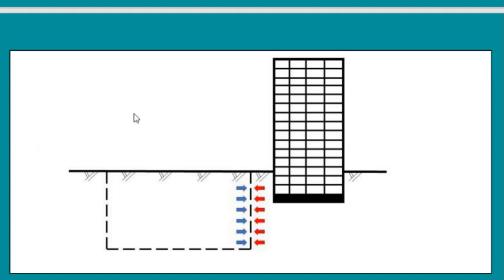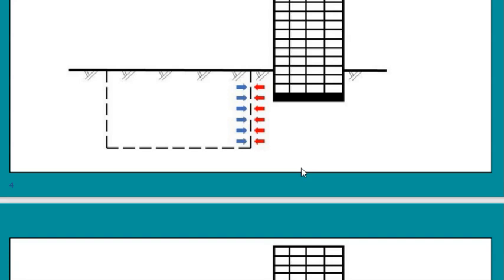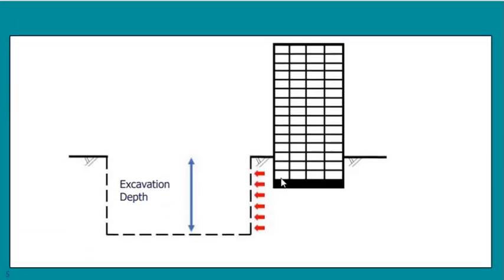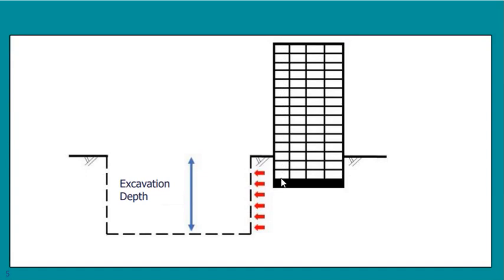Later, when I finish constructing my building, I will just backfill this portion again. But because I have a structure, I need a shoring system. So this is very, very important. You may find engineers who don't know the difference between shoring and retaining wall.